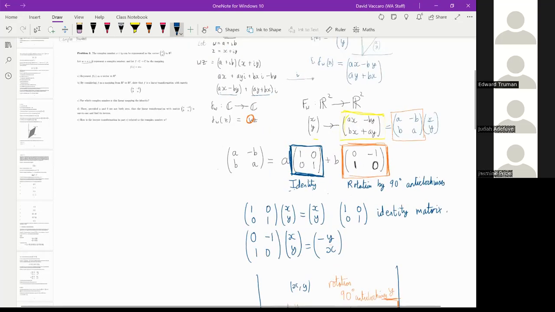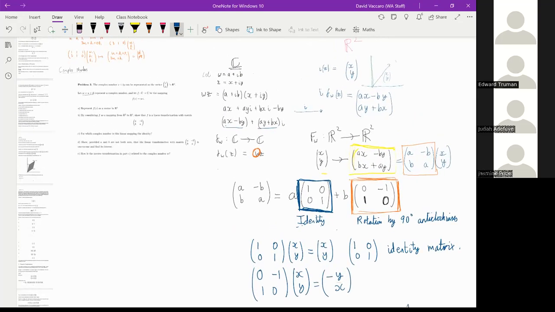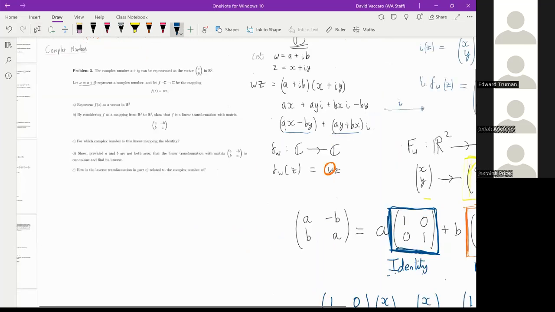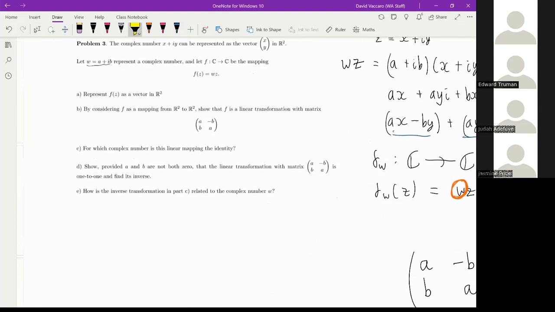Now, remember that this matrix (a, minus b; b, a) is the matrix which did to vectors in R2 the same thing as multiplication in complex numbers by this complex number a plus ib.